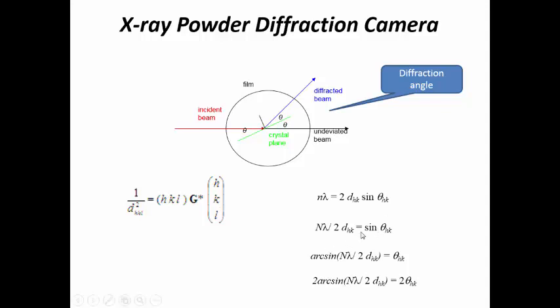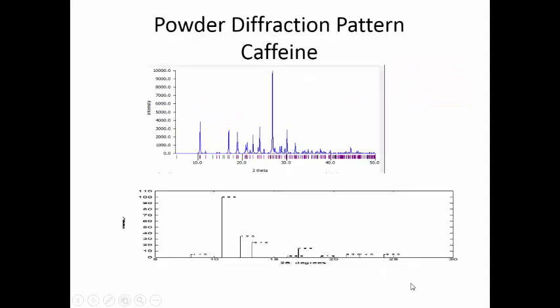We solve it for sine theta, we take the arc sine, and then we double it to get the diffraction angle. And in your exercise for this week, you're going to have to go to Mercury, and for your own particular pattern, this is caffeine, I will explain to you in the video how to find that.